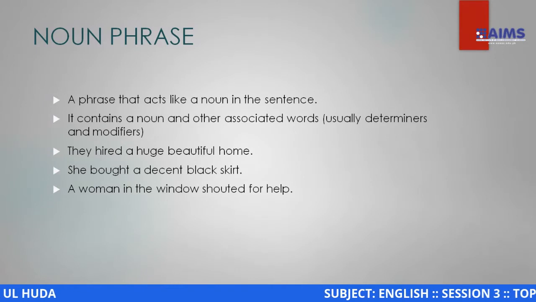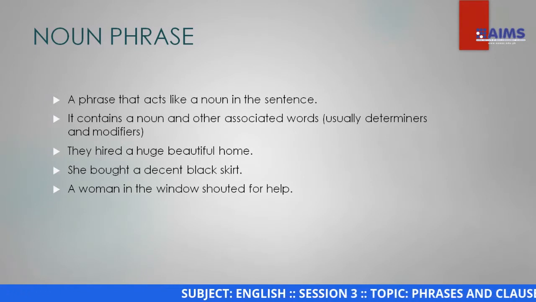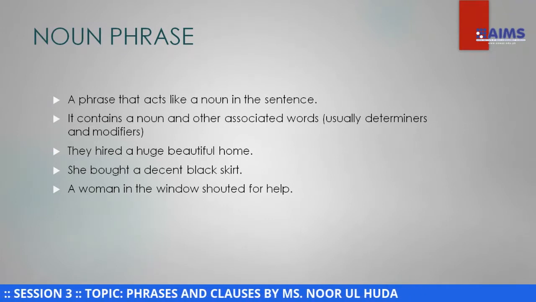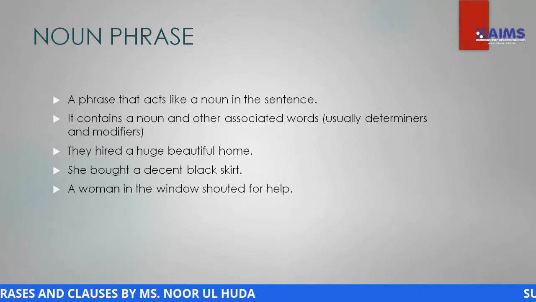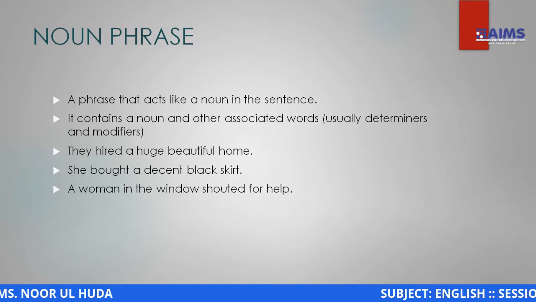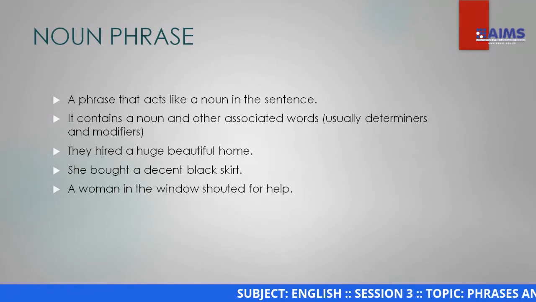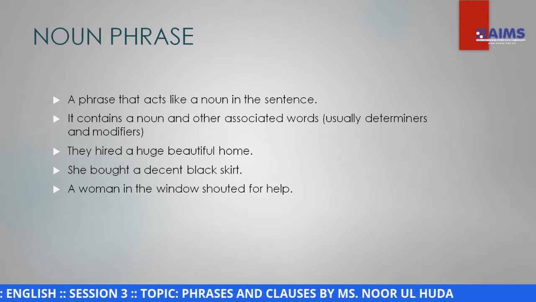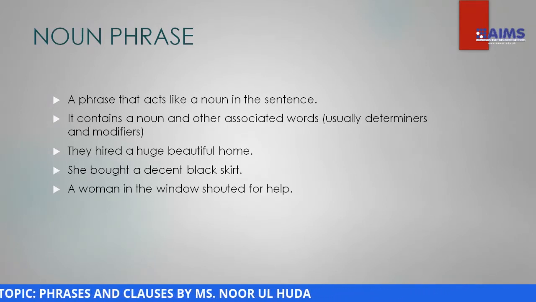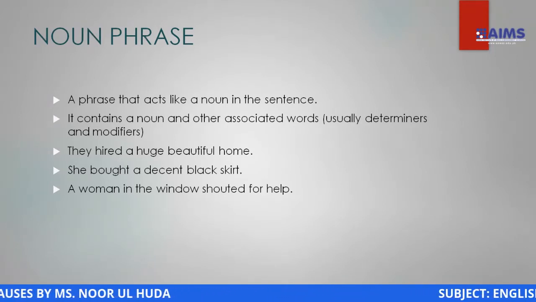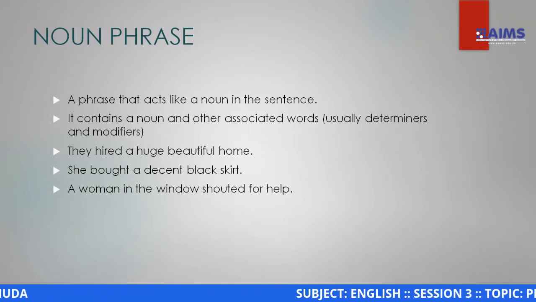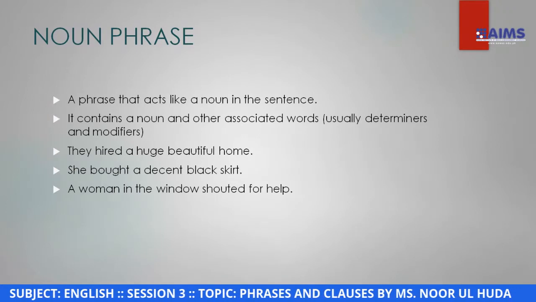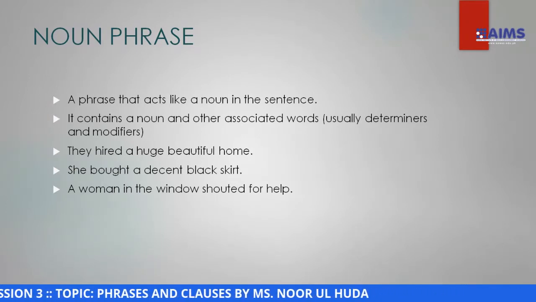Similarly, the noun phrase in the very first sentence is a huge, beautiful home. Beautiful modifies the noun. Huge also modifies the noun. A is also telling us that they hired one home. Another example given here is, she bought a decent black skirt.